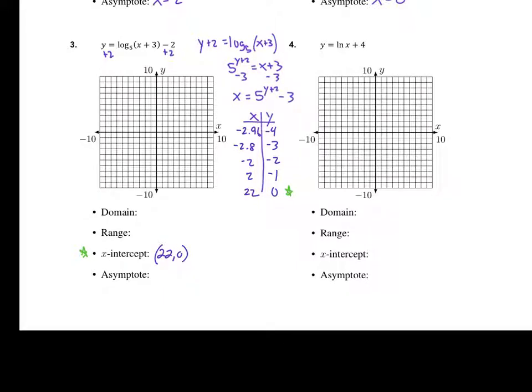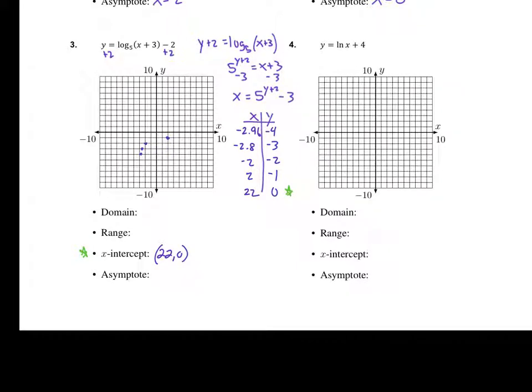So that's going to be off the graph at 22, 0. We're going to go to the left 2.96, down 4. To the left 2.8, down 3. -2, -2, +2, -1, and then 22, 0.